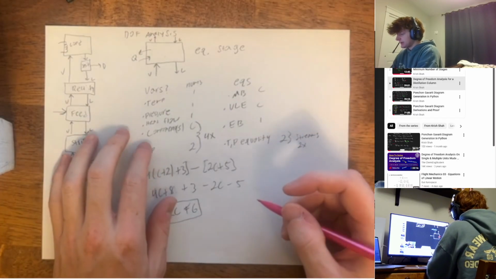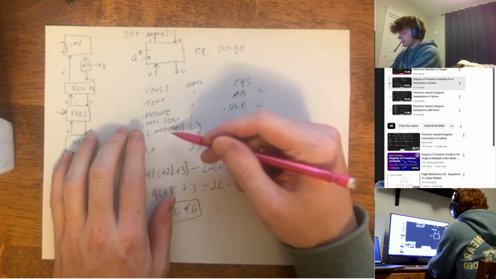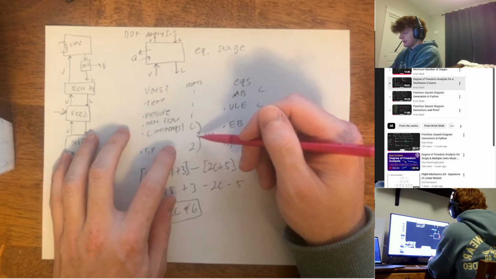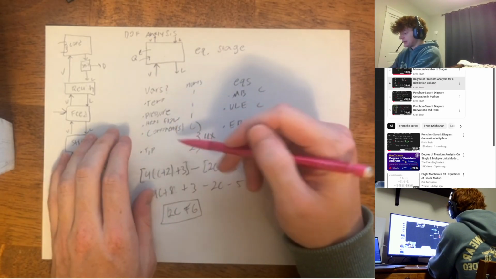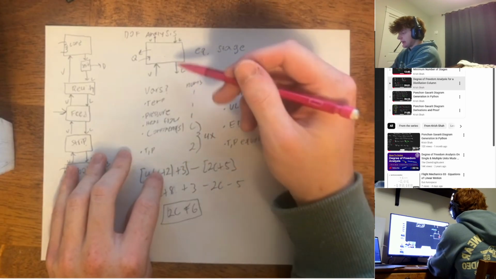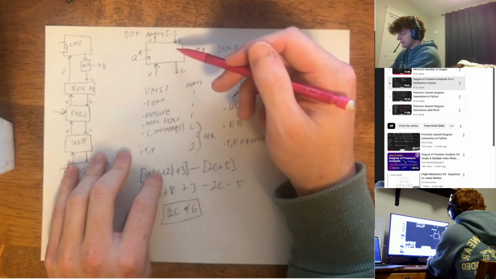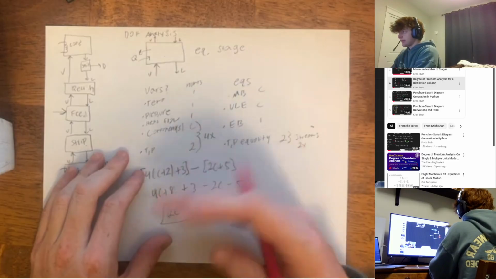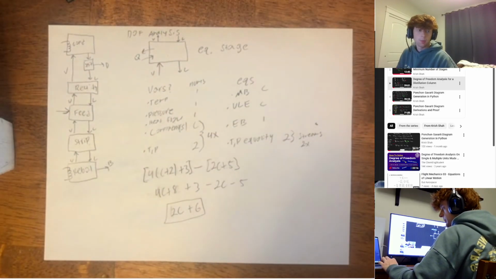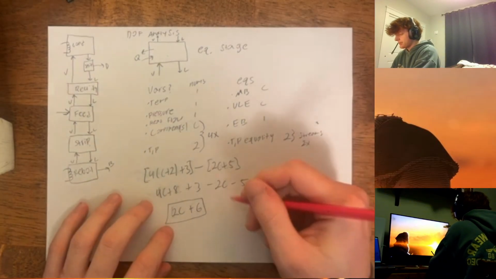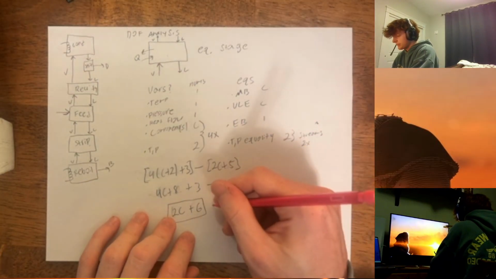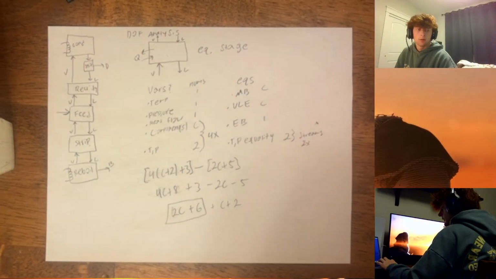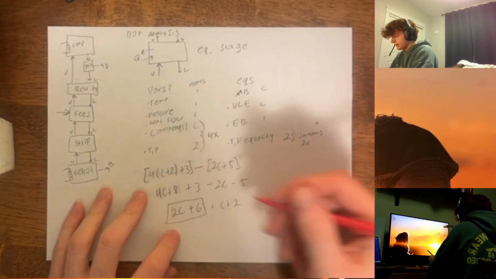And we discussed earlier how these two are dependent on the number of streams that we have for these variables, which is why we have the c plus 2. We have 4 streams in our equilibrium stage here, so we multiply our c plus 2 by 4. So what we can do for this is add our c plus 2 right here, and we can then get our answer for our feed.